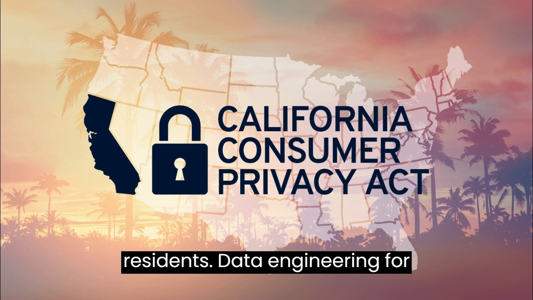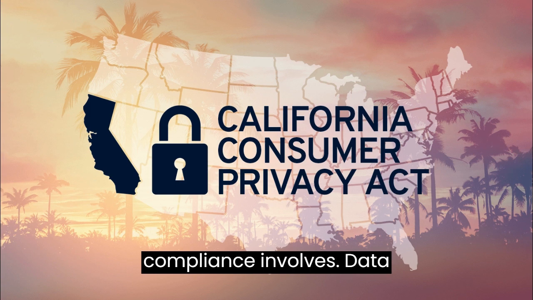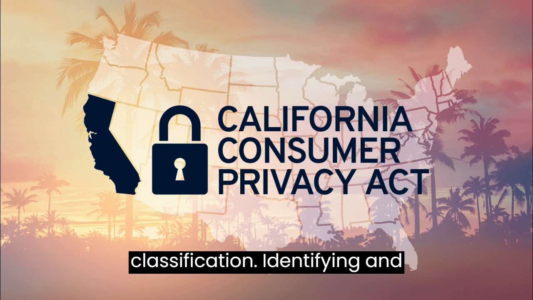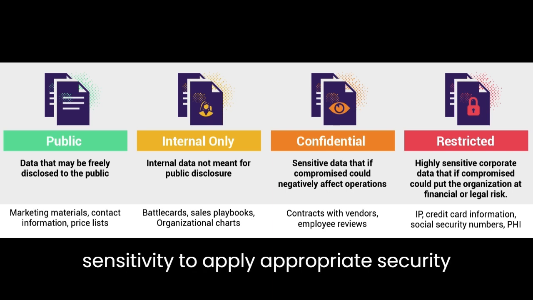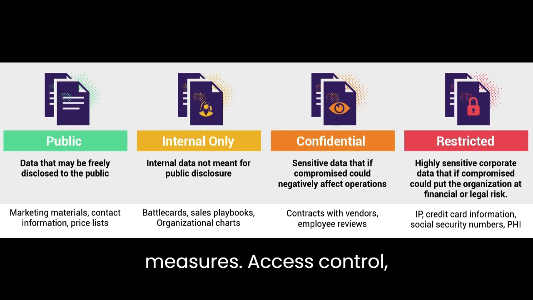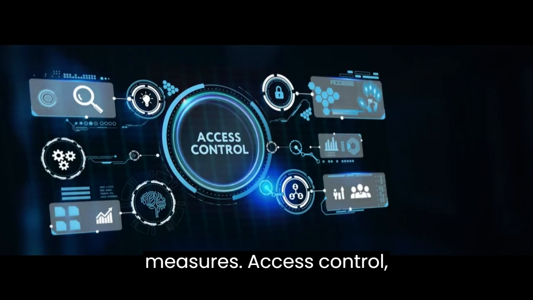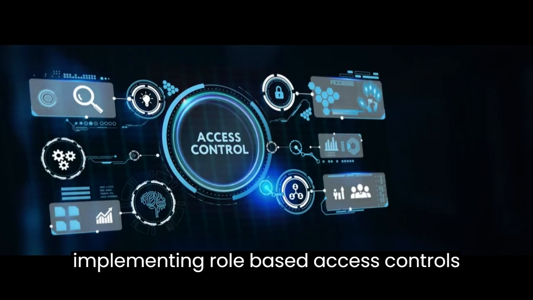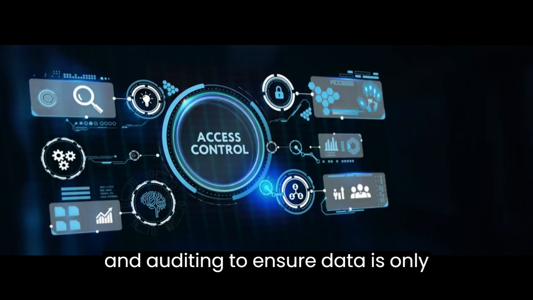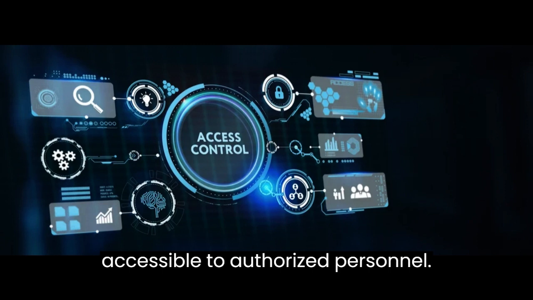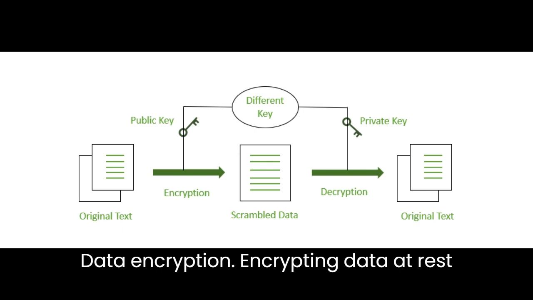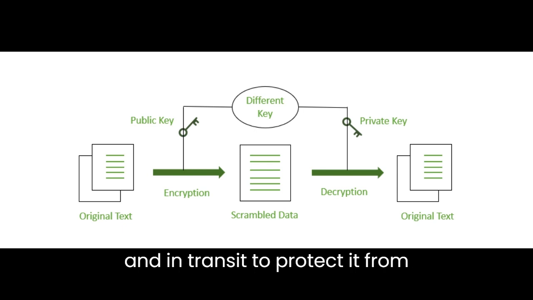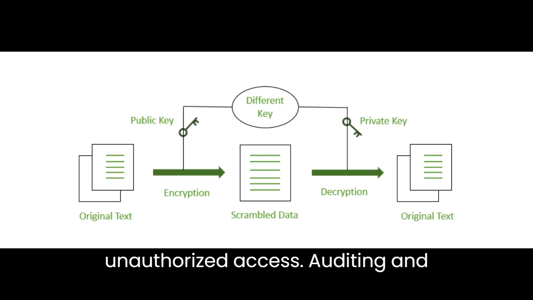Data engineering for compliance involves data classification, identifying and categorizing data based on its sensitivity to apply appropriate security measures. Access control, implementing role-based access controls and auditing to ensure data is only accessible to authorized personnel. Data encryption, encrypting data at rest and in transit to protect it from unauthorized access.